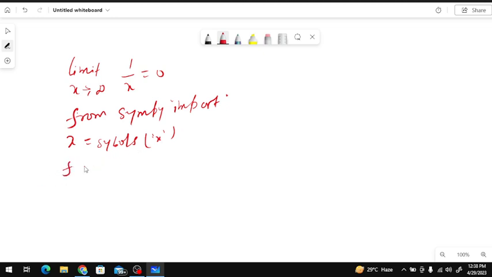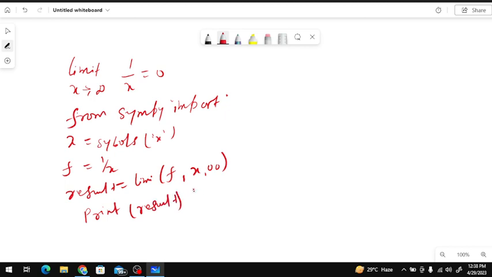Your next variable should be 1 by x, a function like this. Now result should be equal to limit, and you write the function, x, and infinity, which you can put as two o's. Now print result.